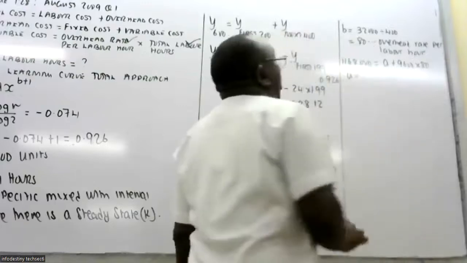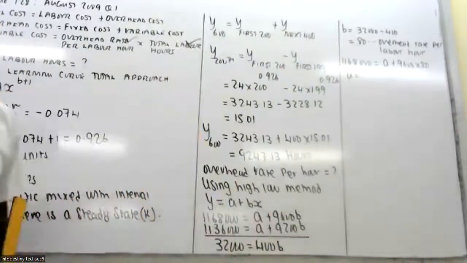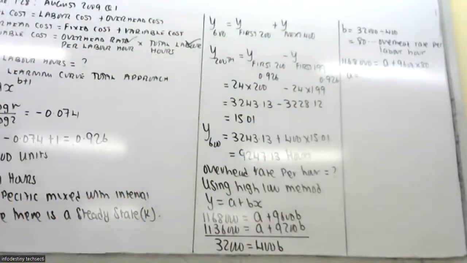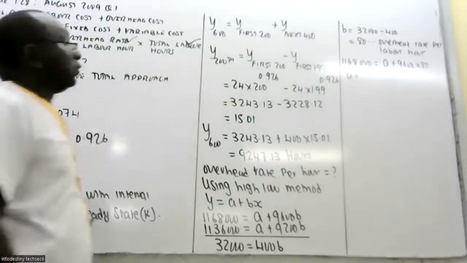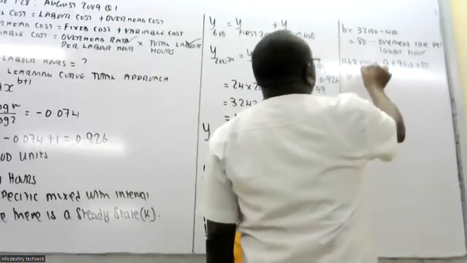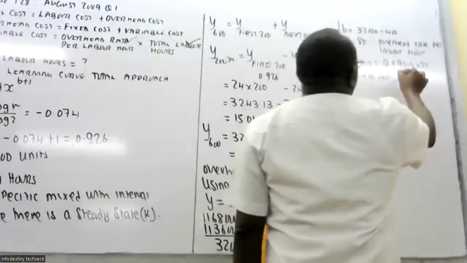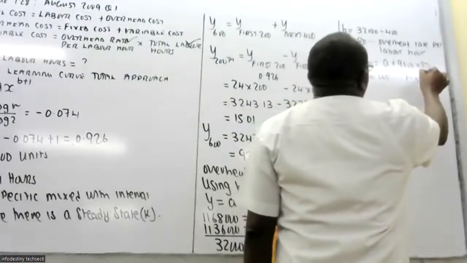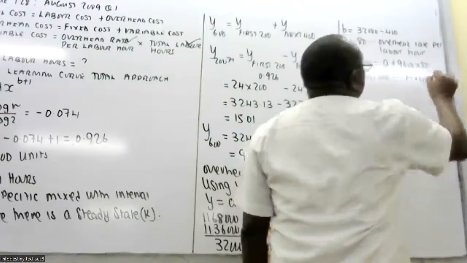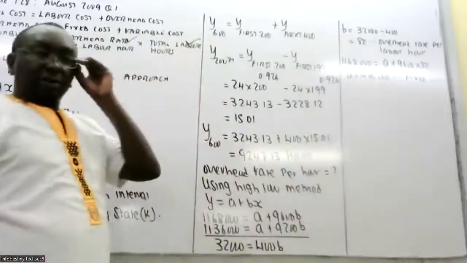So a will be: 9,600 times 80, then 1168,000 minus that answer is 400,000. Now this 400,000 is the fixed cost.